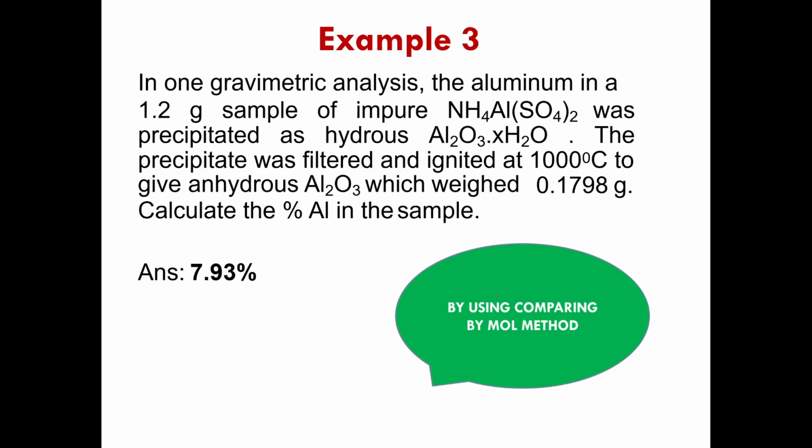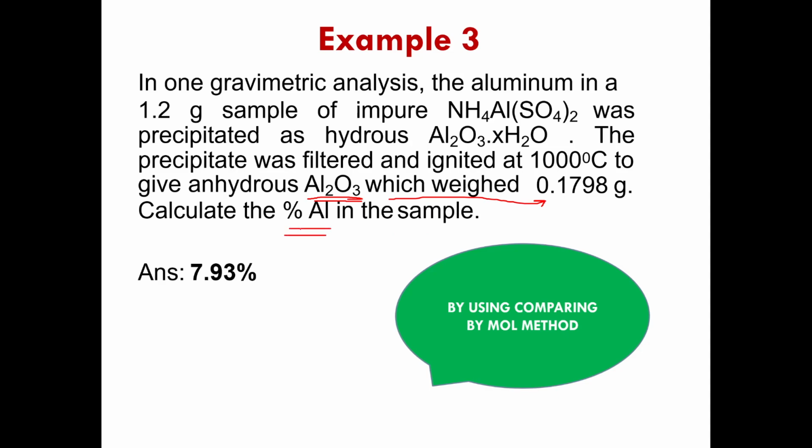The precipitate was filtered and ignited at 1000 degrees Celsius to give the anhydrous Al2O3. So this is the precipitate, and the mass of this precipitate is 0.1798 gram.